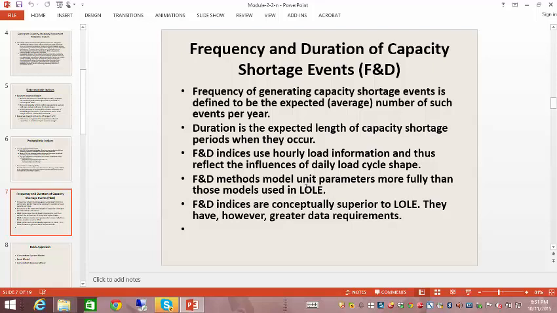The frequency and duration indices also model the units with more parameters. They will require the transition rates between the various states, whereas the loss of load expectation and the expected unserved energy indices would not require the information on the transition rates, but only on their probabilities.